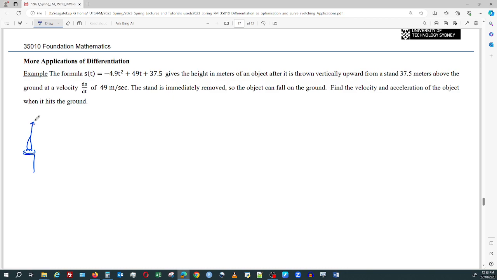The stand's taken away, so the object will fall away. Find the velocity of the object when it hits the ground. We assume that it comes down and hits the ground. There's the stand, that's the ground, that's 37.5.